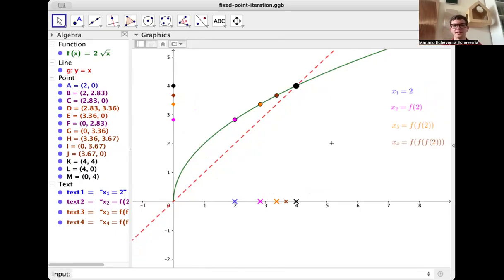So the only hypothesis, which I'm about to write: if you look at this algorithm, besides being a contraction, the only other hypothesis that you really use is that you need to be able to continue applying the function f to the previous values.